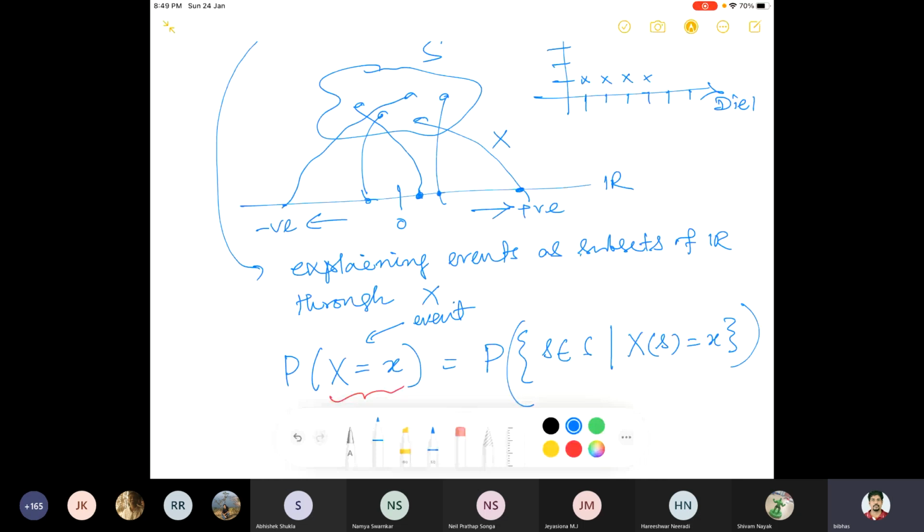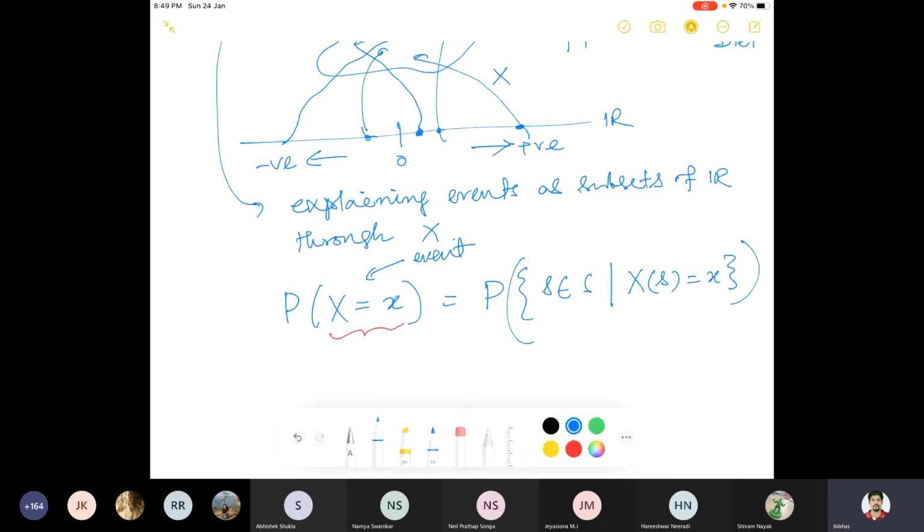Like for example, some of the outcomes of the pair of dice could be the same, like 5. 5 could be 1 plus 4, 4 plus 1, or 2 plus 3, 3 plus 2. So multiple sample points can take the same value. So this is a set of sample points, which is an event because it is a subset of the sample space.